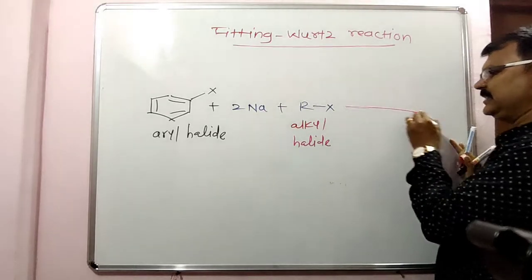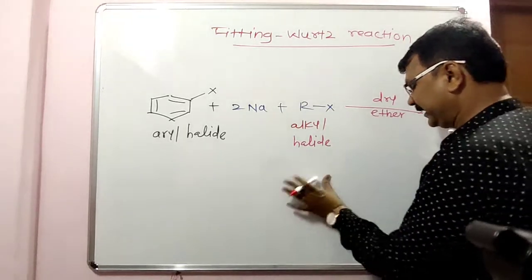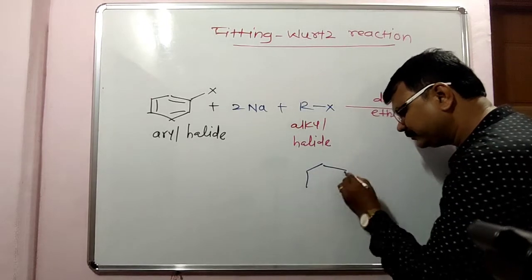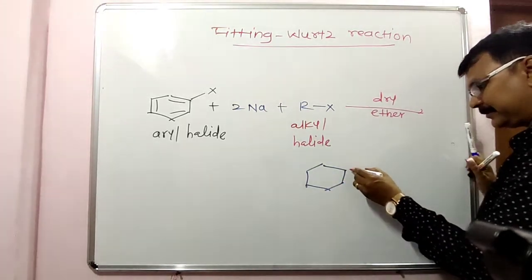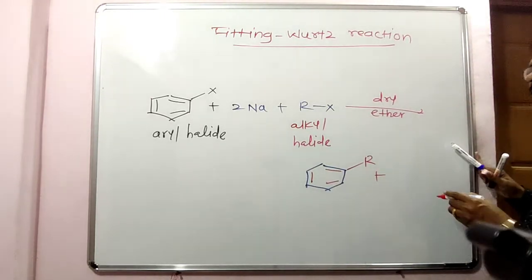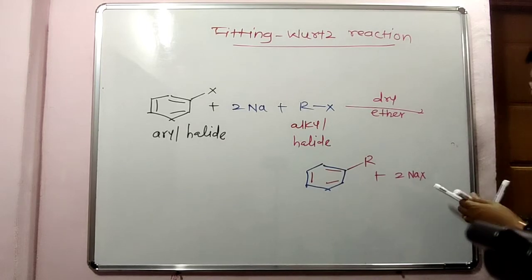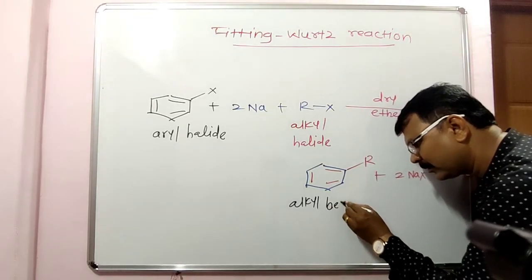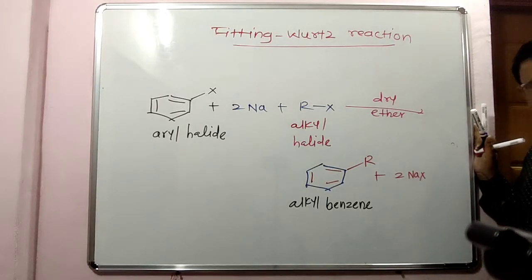In presence of dry ether, it gives a compound like this, plus 2 NaX. This product is an alkyl benzene.